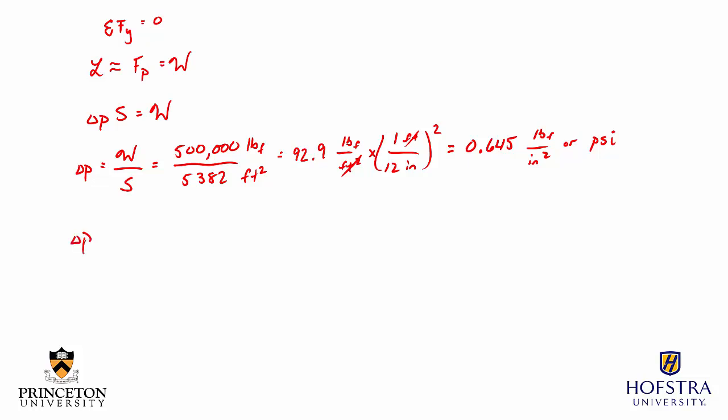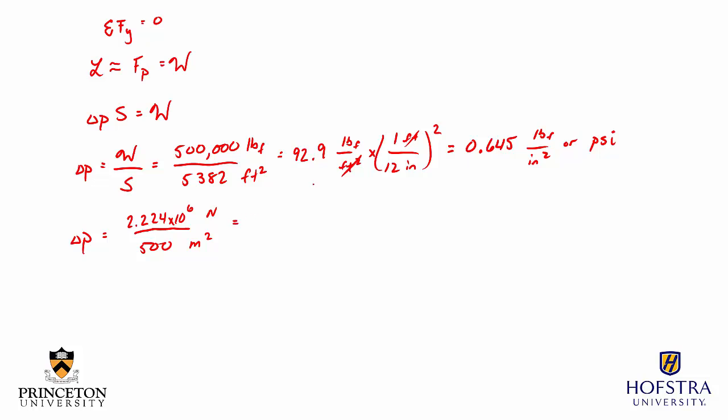The second part asked us to find the solution in the international system, and the weight in this case was 2.224 times 10 to the 6th newtons, divided by the wing area, which was 500 meters squared.